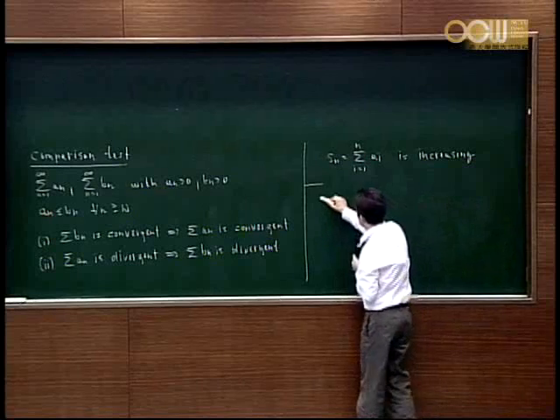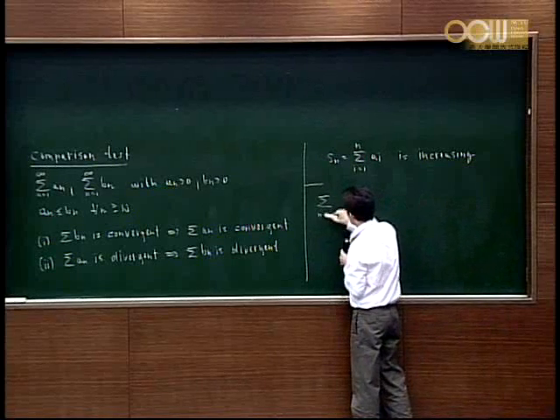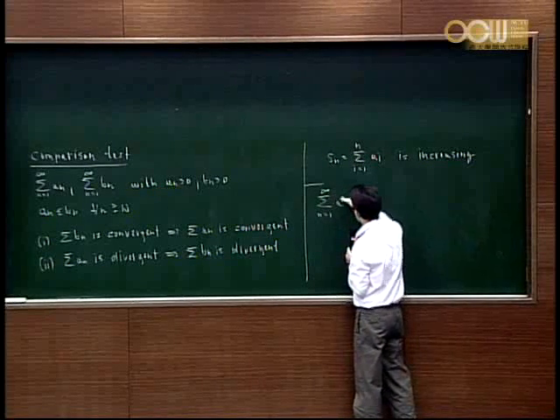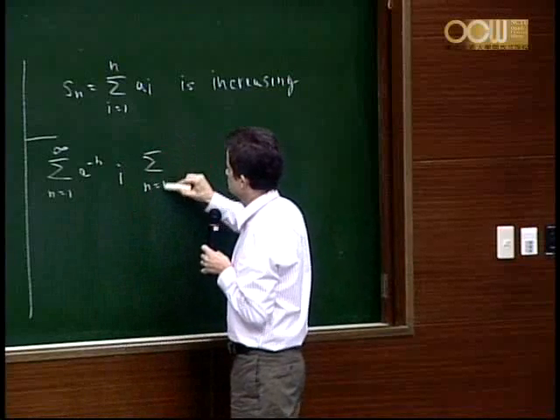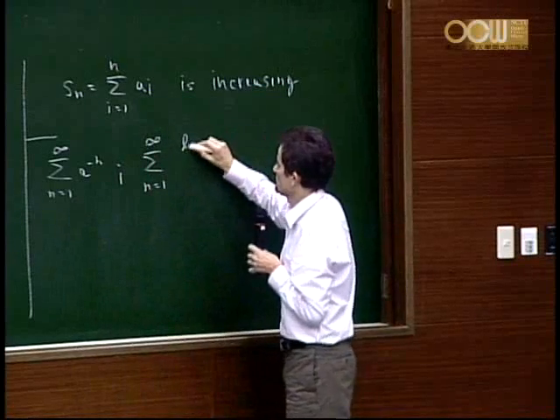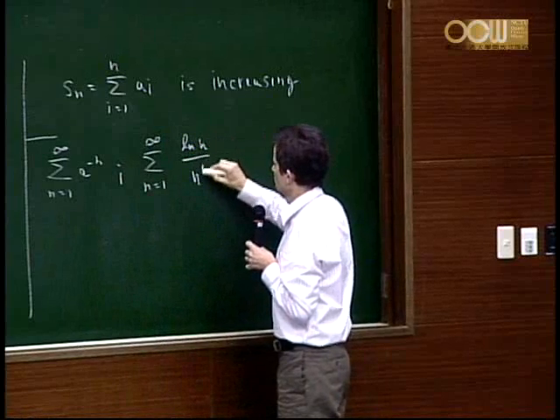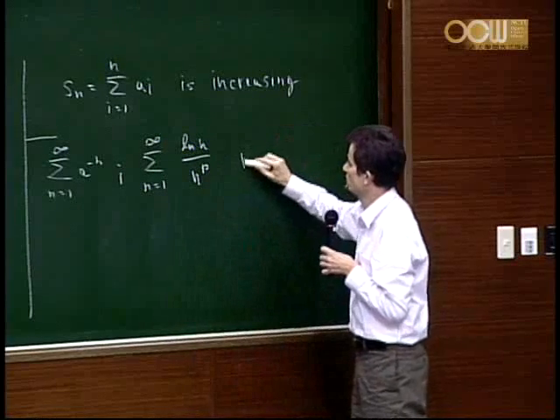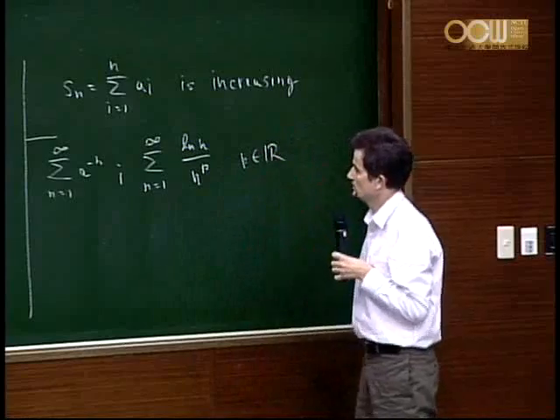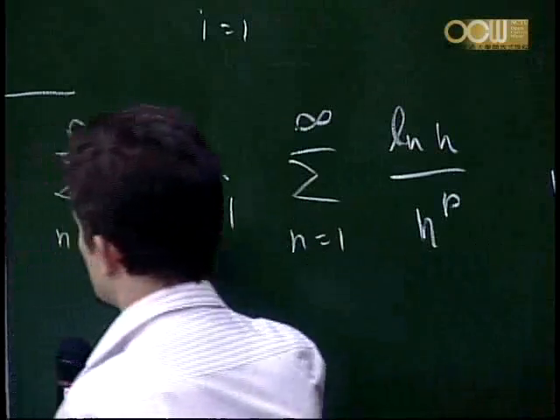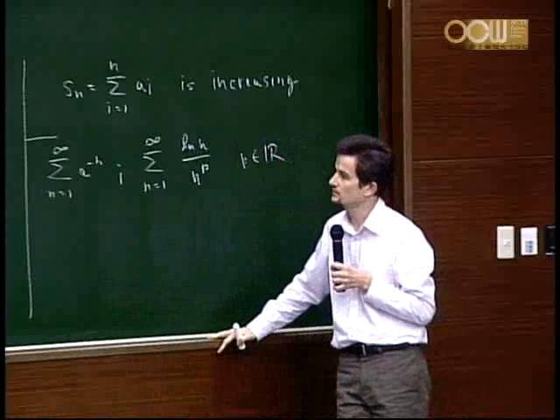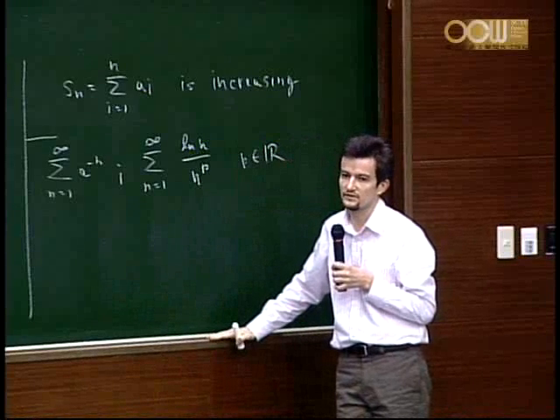So just to remind you, we looked at series like this one, and also this one, where p is any real number. For those two you can use the integral test, but we saw that the comparison test is another tool.